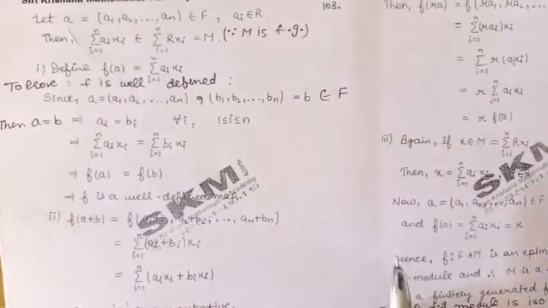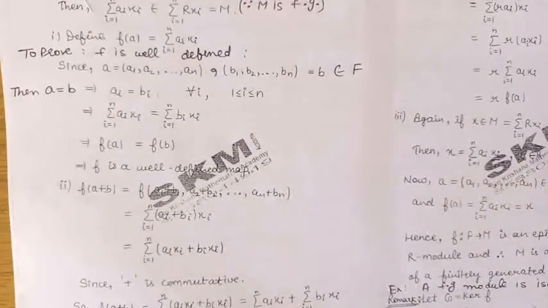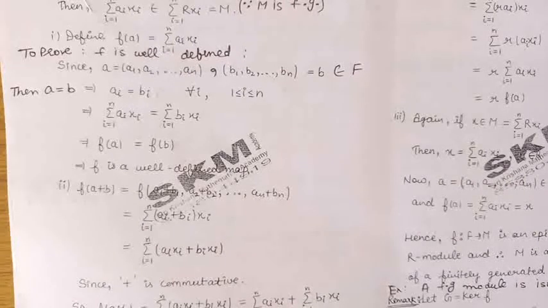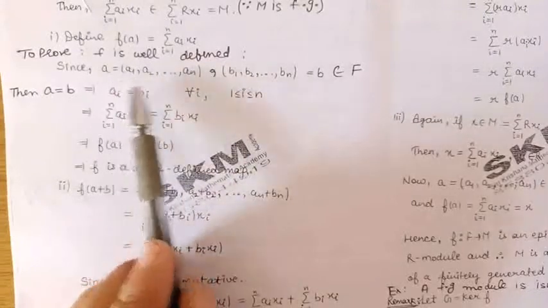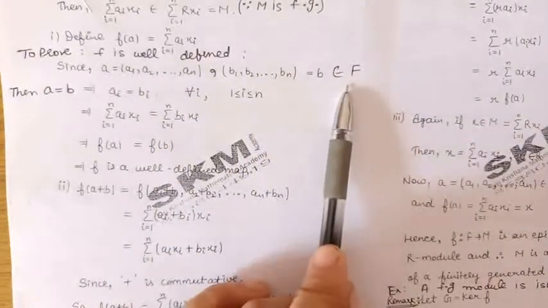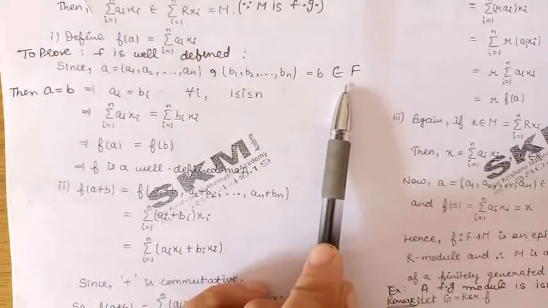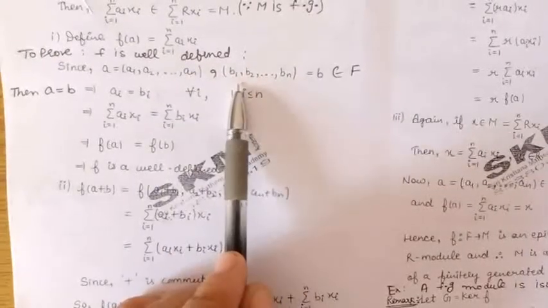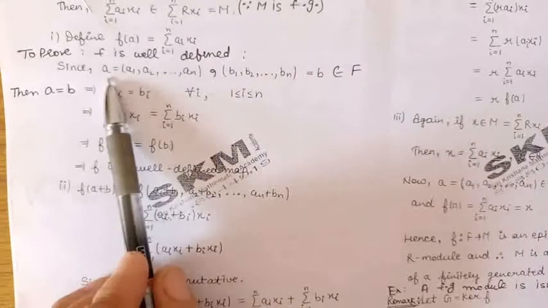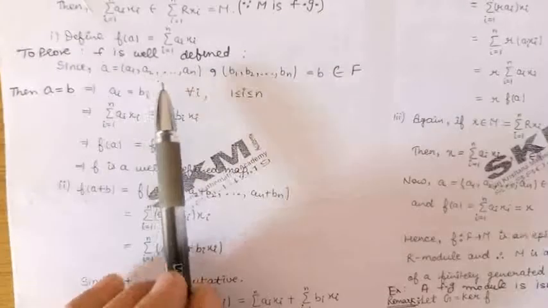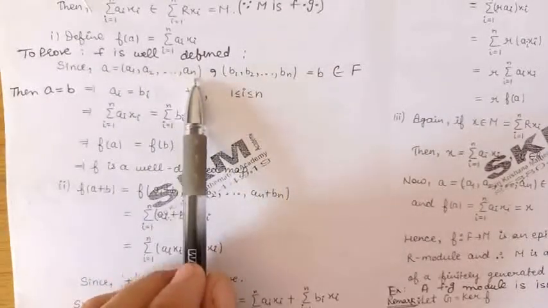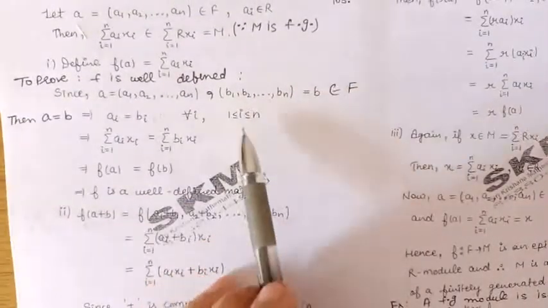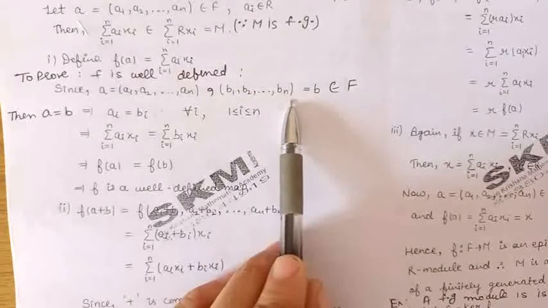So first of all, we will show that this mapping f is well defined. To show that f is well defined, let us take two elements a and b belonging to F. By definition of F, these elements will be n-tuples. So we have taken a having the components a1, a2, a3 up to an, and b having the components b1, b2, b3 up to bn.